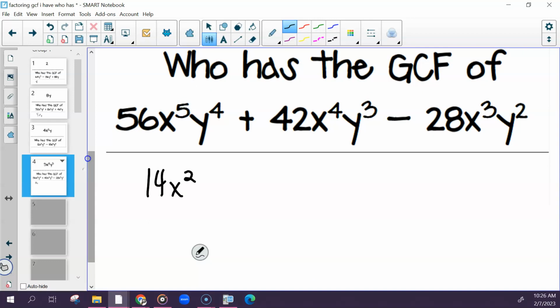So x squared, y squared. Is 2 the highest number of x's we can take, or that those have in common? No. So not yours yet. What is the highest number of x's we can take out of those? 3. So someone that has 14x to the 3rd.